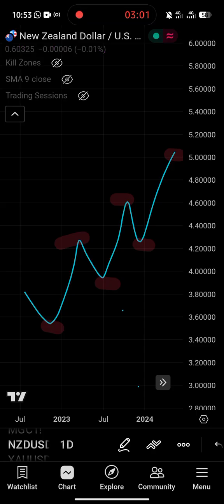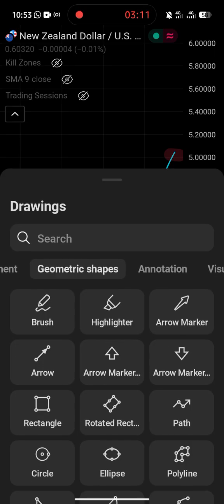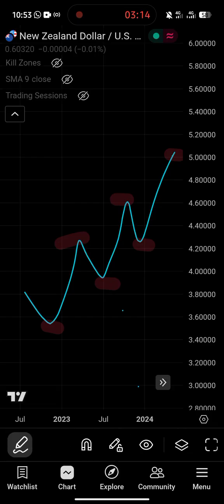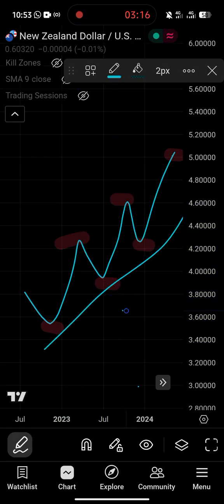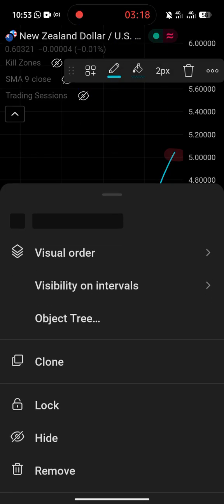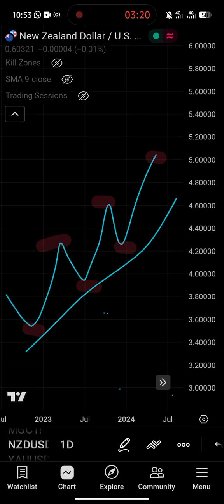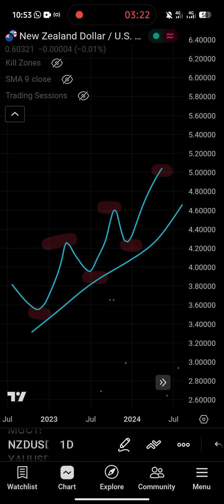Because it's moving upwards, it's an uptrend. What's an uptrend? We only have two peaks, which are the higher high and the higher low. You get me? Higher high and higher low.